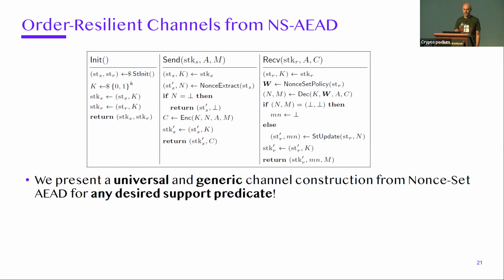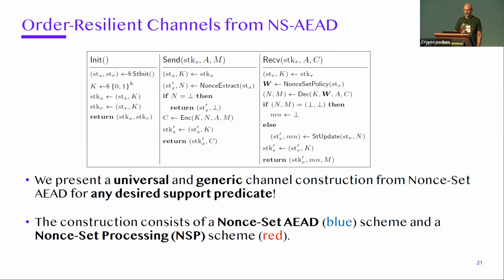So essentially for any desired support predicate. So it consists of two main components. The first one is the Nonset AEAD, whose components are shown in blue. And the second building block is what we call a Nonset processing scheme, the components of which are shown in red. So this consists of a tuple of 4 algorithms.